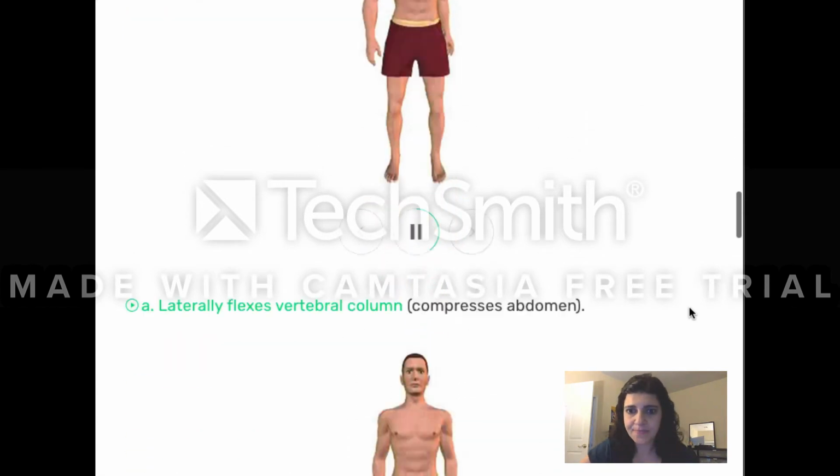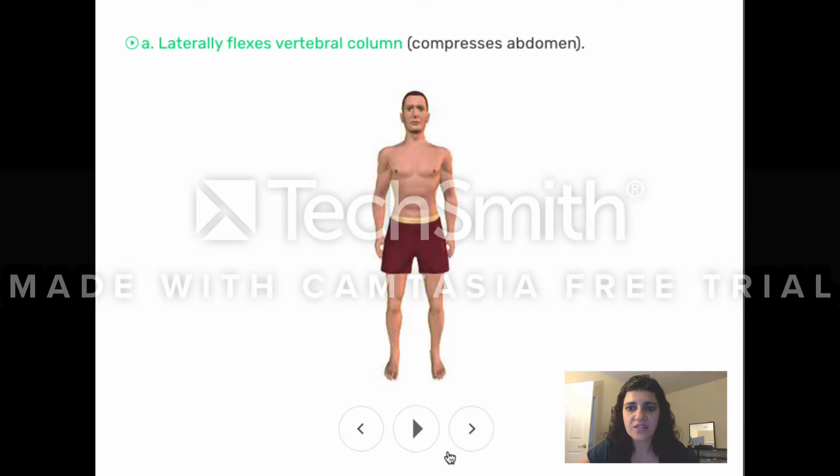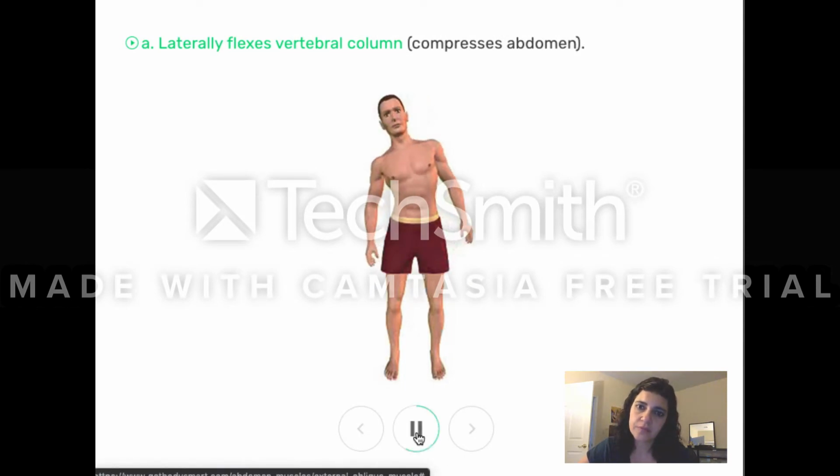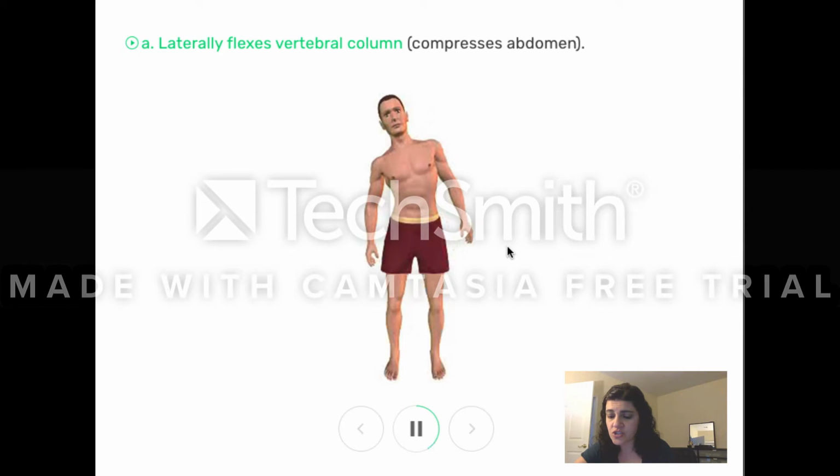Makes sense? Laterally flexes vertebral column, side to side. So think about it. These muscles are sideways, right? So they're going to help you with that kind of movement. The rectus abdominis is not going to allow this lateral movement because it's a central muscle. So it's more rotation of the vertebral column and flexion.